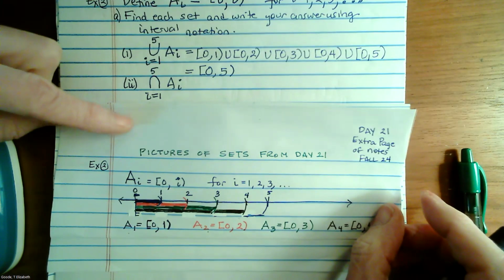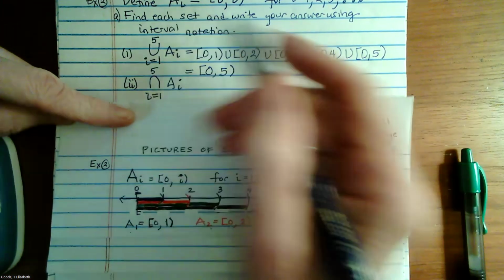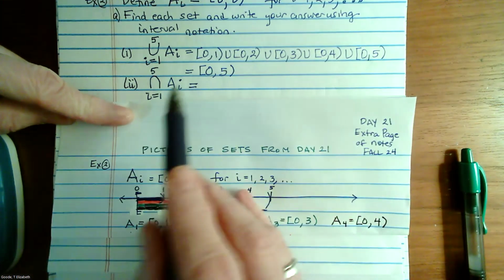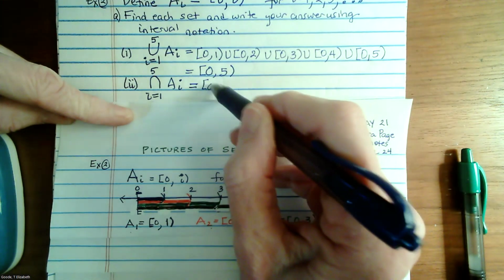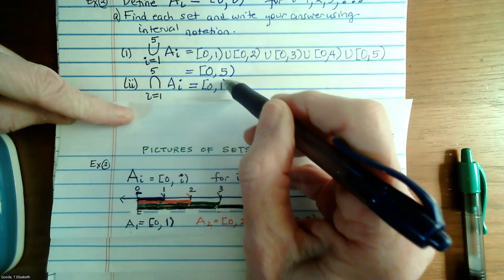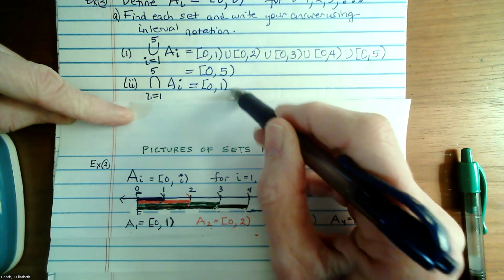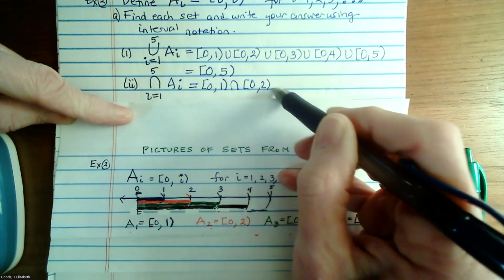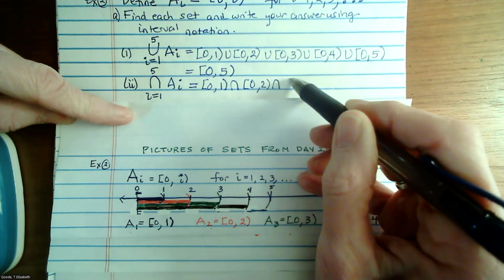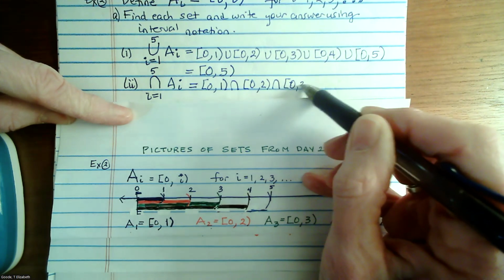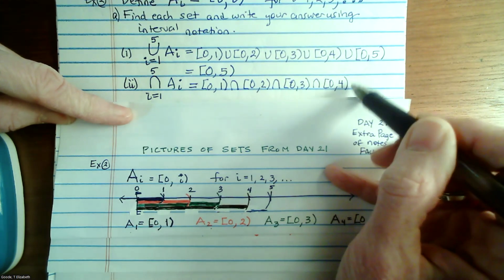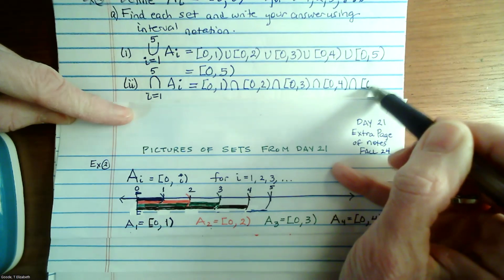What about the intersection of those same sets? We're asking for the X in the reals that are in all of the sets. We want the X to be in A1, and X needs to also be in A2. And remember, it's the and operator. X needs to be in A3, and X needs to be in A4, and X needs to be in A5.